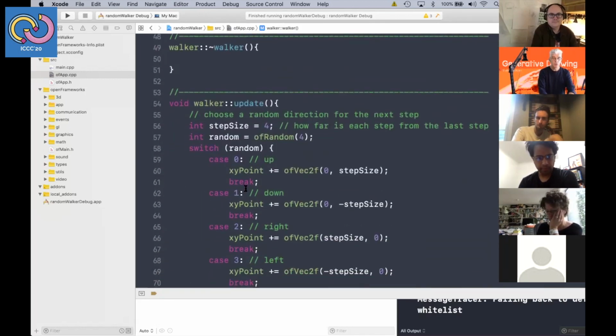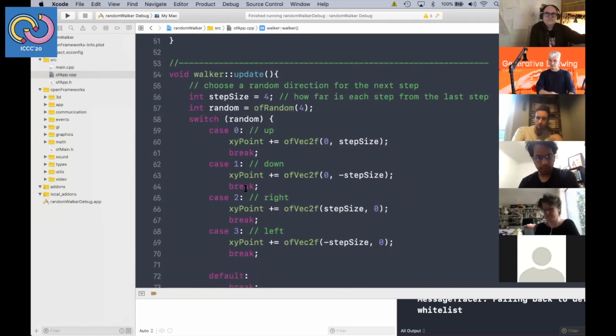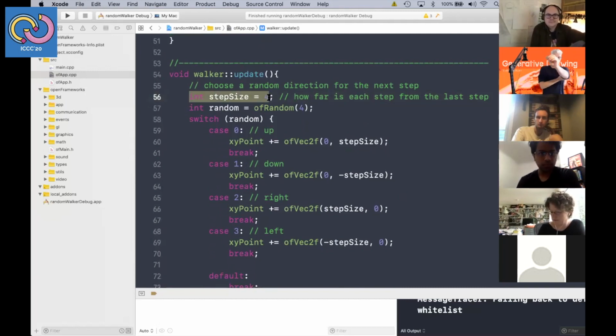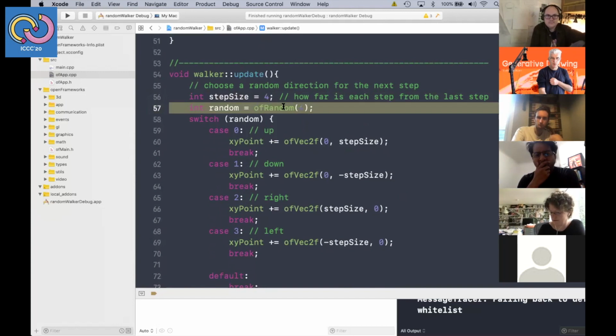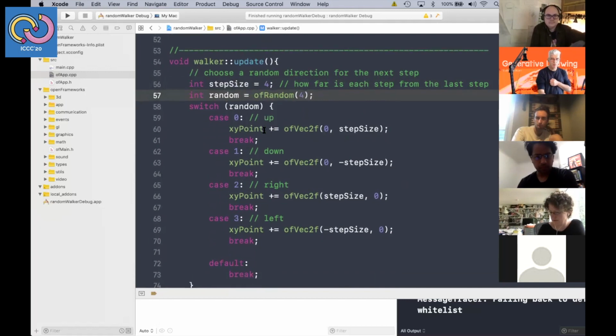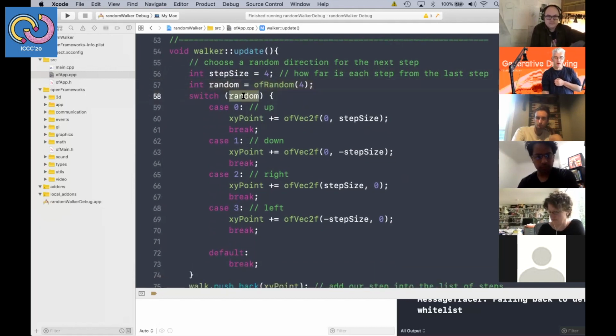And when I tell the walker to update itself, which is go and make a new point, please, I set the step size. This is how far it's going to walk each time. And then how many choices it has. So it has a choice of 4. So I say, roll a random number using OF random between 1 and 4. And then I'm using this switch statement. So it says, grab whatever has been put in random, 1, 2, 3, or 4.